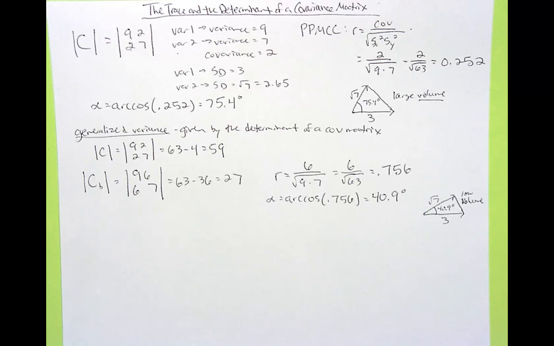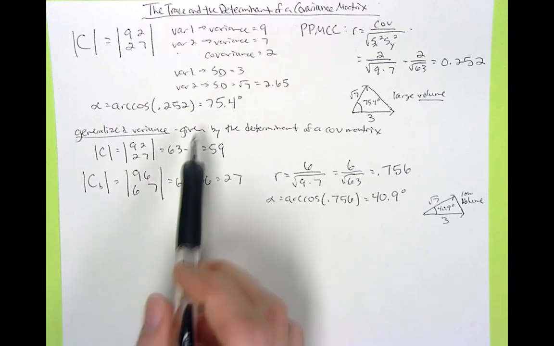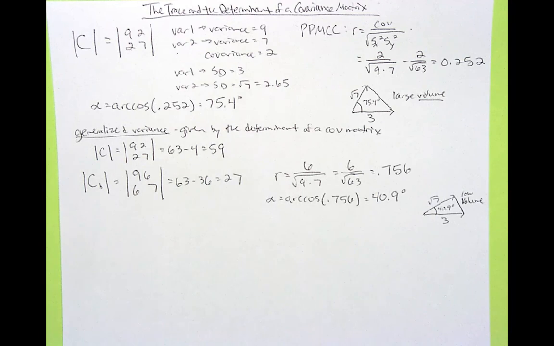Now I would like to illustrate this further to help y'all understand a little bit more. I mentioned before that up here we had 75.4, which is pretty close to 90 degrees, which would be as far apart as the vectors could possibly be.